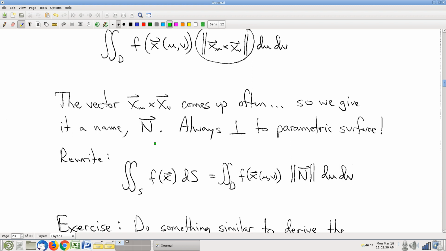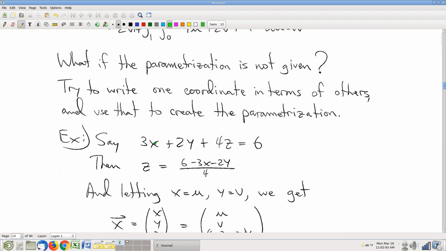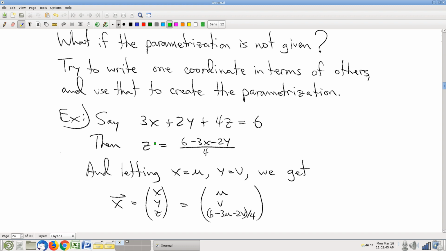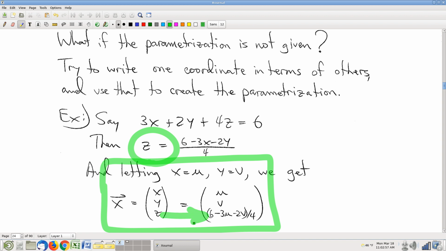If, and this is a big if, you are using a parameterization that comes like this, where you solve for z as a function of x and y, and you then use that to make your parameterization, this is what I call the rectangular graph parameterization, where we're viewing the surface as a graph, and we're capitalizing on the fact that it is a graph in rectangular coordinates to create our parameterization.